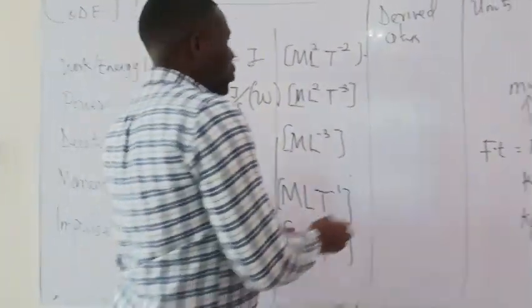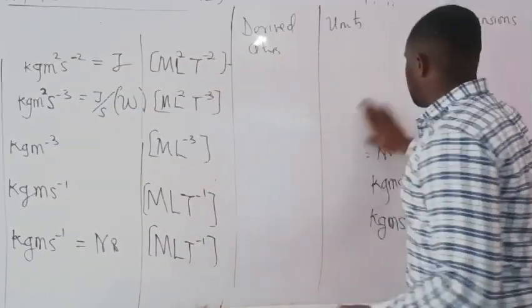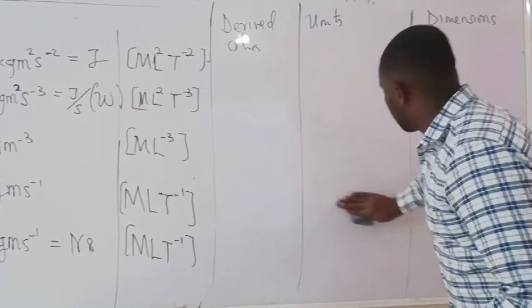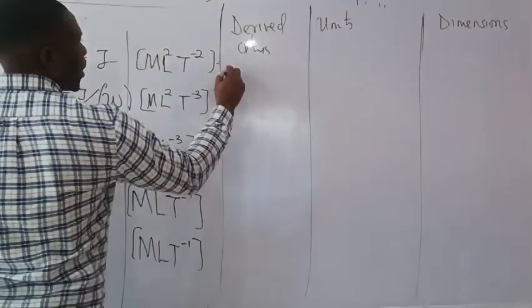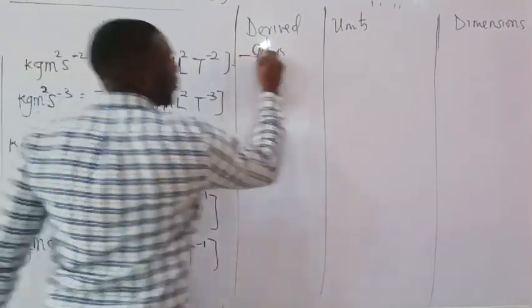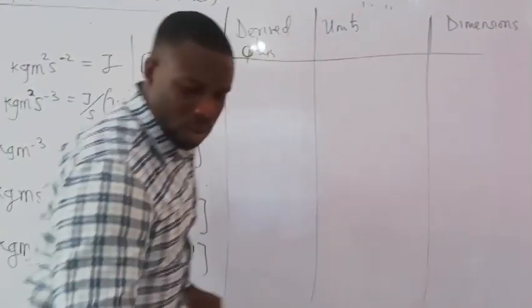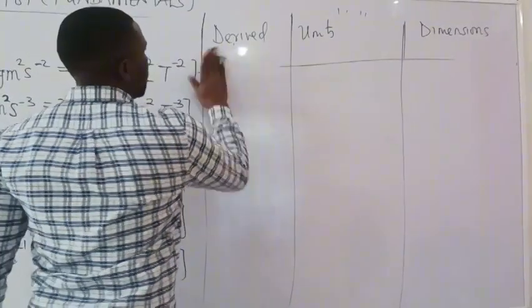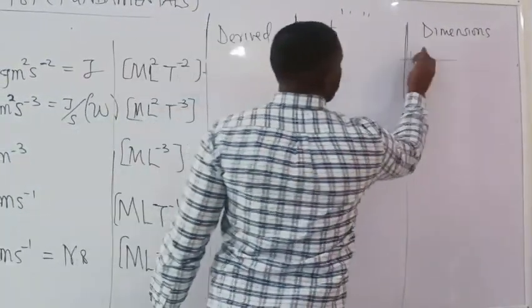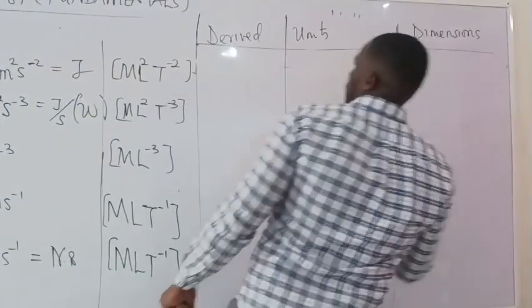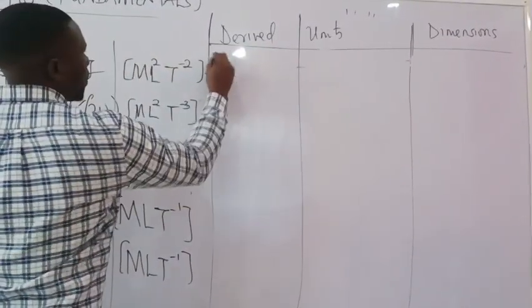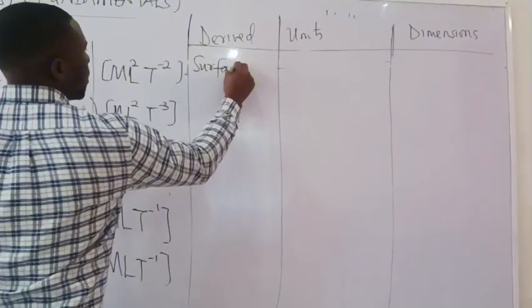And of course we could go to other derived physical quantities, like surface tension.